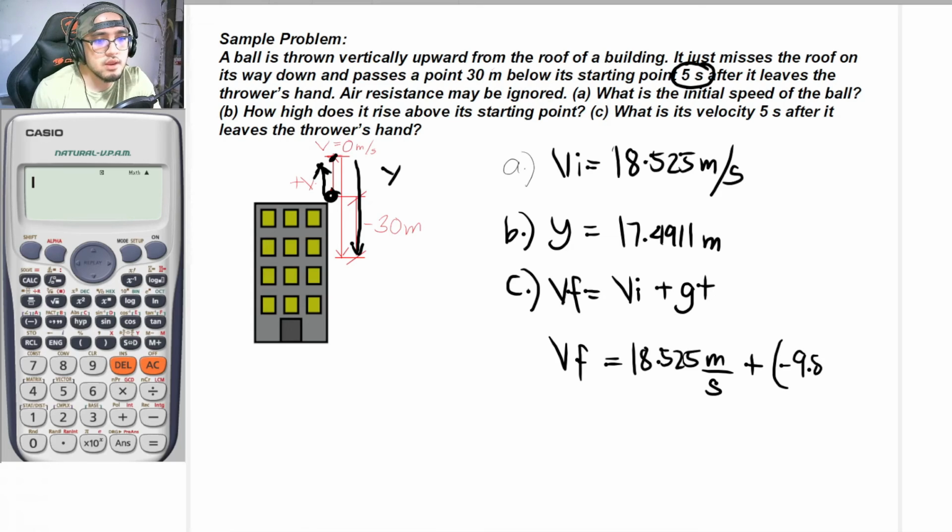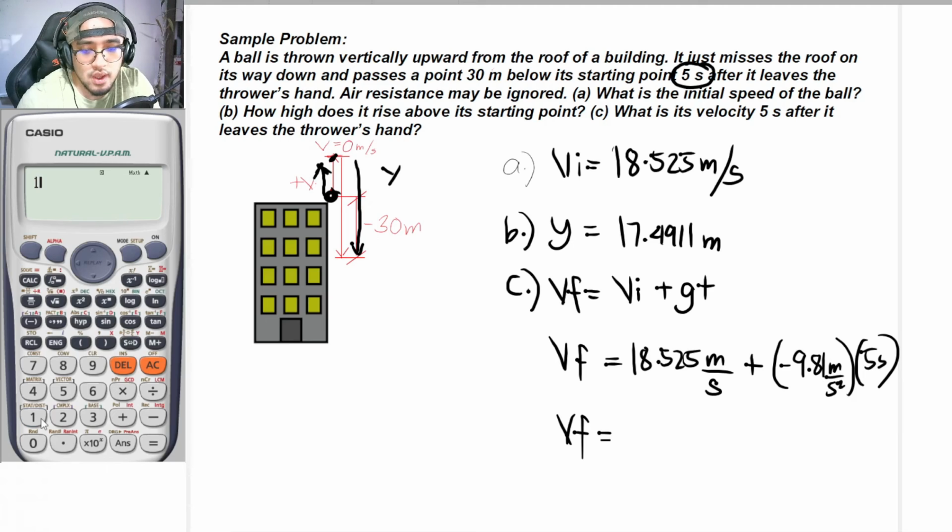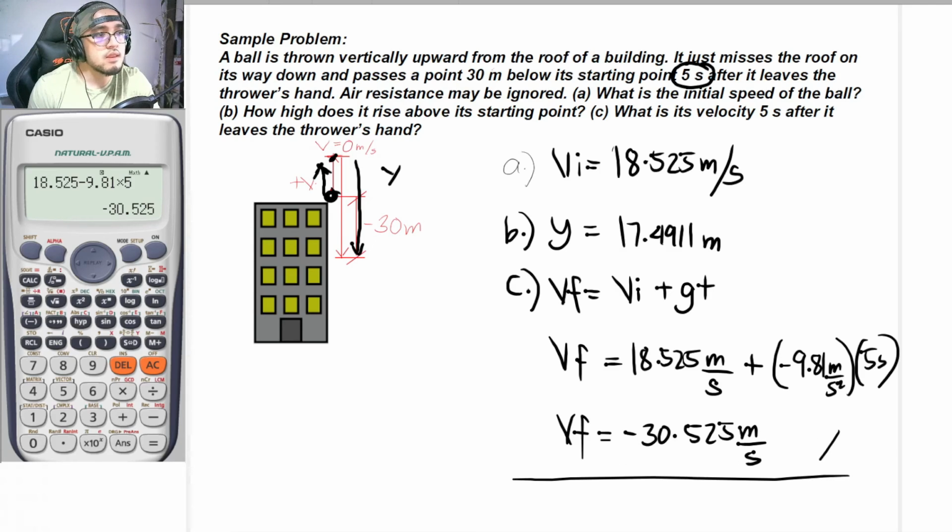Negative 9.81 meters per second squared times time. And what is the time? 5 seconds after it leaves the thrower's hand. So 5 seconds. With that, VF is equal to 18.525 minus 9.81 times 5. So the final velocity is negative 30.525 meters per second. This is now the final velocity 5 seconds after it leaves the thrower's hands.